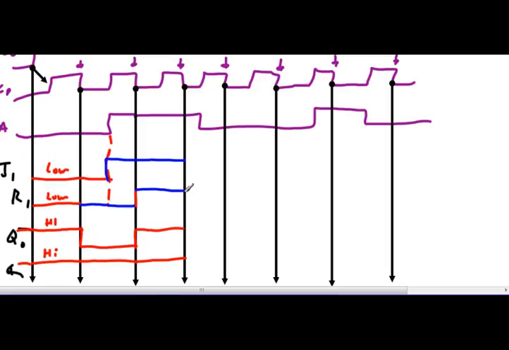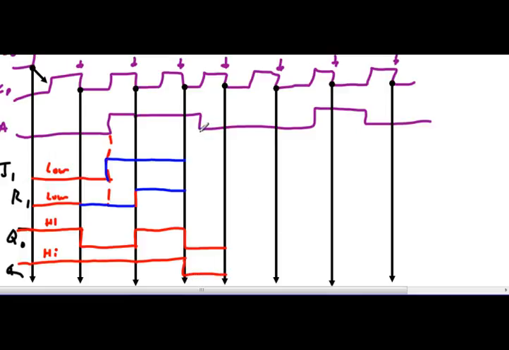Both of them toggle low. I didn't want that color, and I didn't toggle the right one low. Okay, that's better. So we're in red. Going to toggle low on both Q0 and Q1.